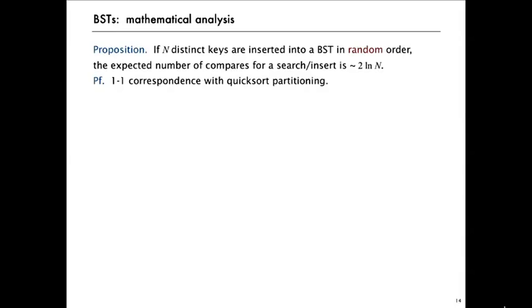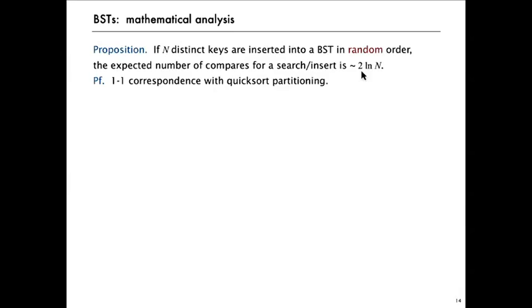In fact, this correspondence with quicksort partitioning tells us we can take that proof and prove that if you insert n distinct keys into a BST in random order, then the expected number of compares for a search and an insert is 2 natural log n.